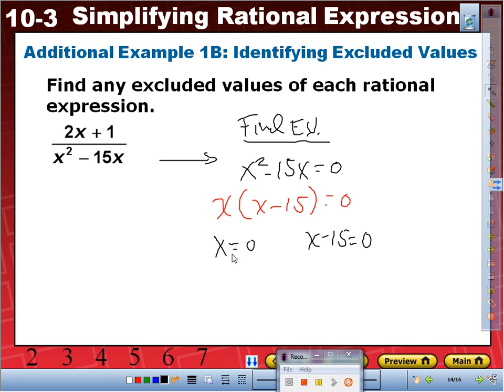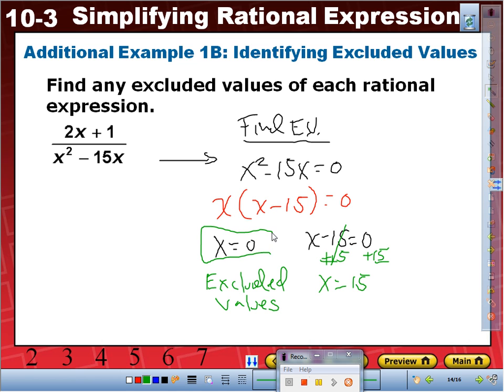Can we do anything else here? No. How about here? Yes. Plus 15, plus 15. x equals 15. So my excluded values are what? 0 and 15.